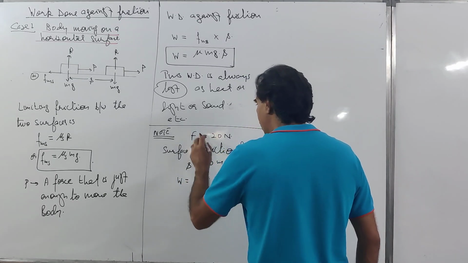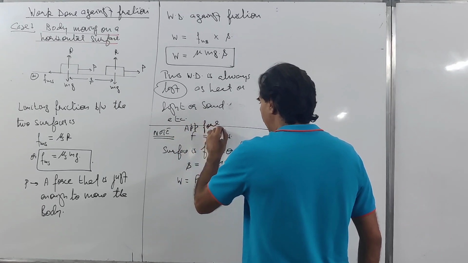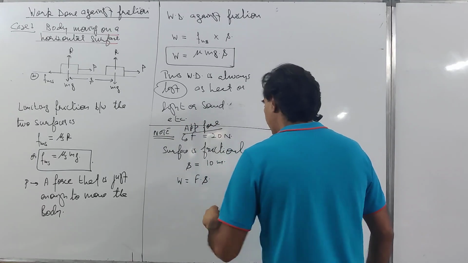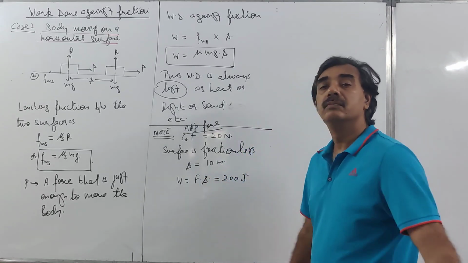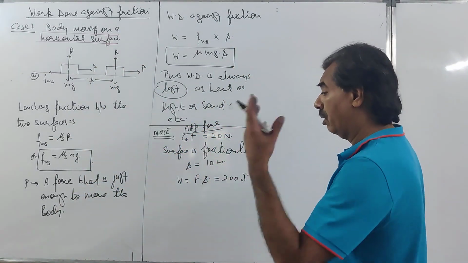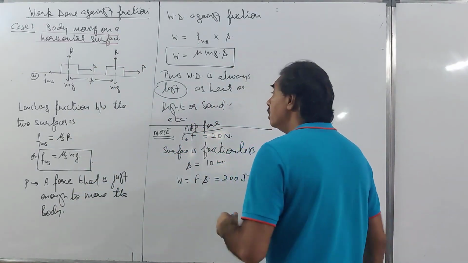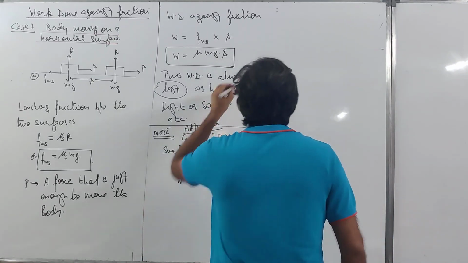F into S, ये अप्लाइड फोर्स है, ठीक है? 200 जूल्स। इसकी काइनेटिक एनर्जी बन सकती है, ऑब्जेक्ट चल रही है, ठीक है? यूजफुल है, लॉस्ट नहीं है.